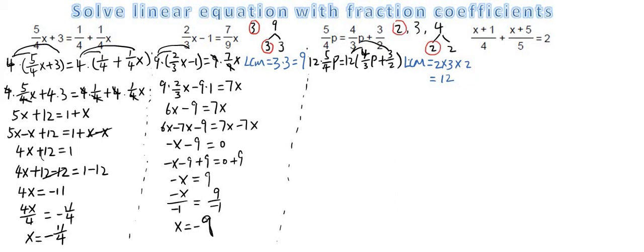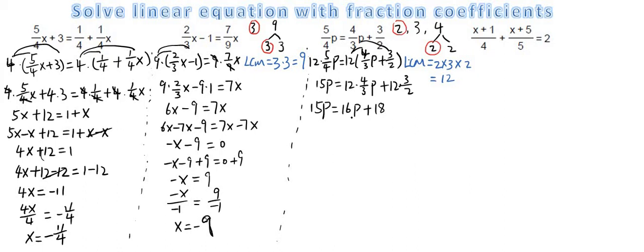For the left hand side, 12 divided by 4 is 3. 3 times 5 equals 15p. Distribution: 12 times 3 over 2. And 12 divided by 3 is 4. 4 times 4 equals 16p. 12 divided by 2 is 6. 6 times 3 is 18.